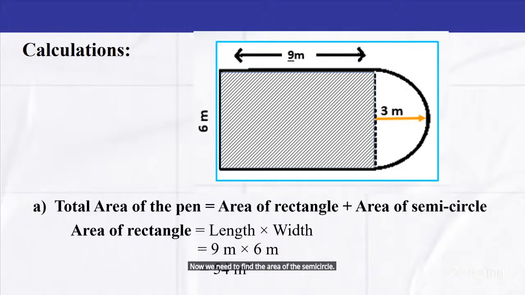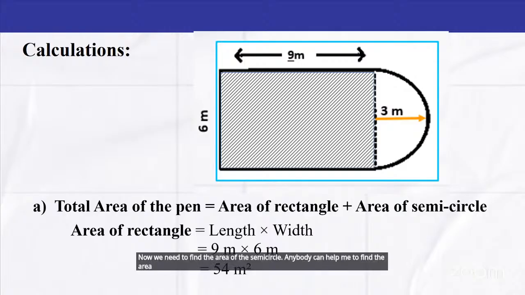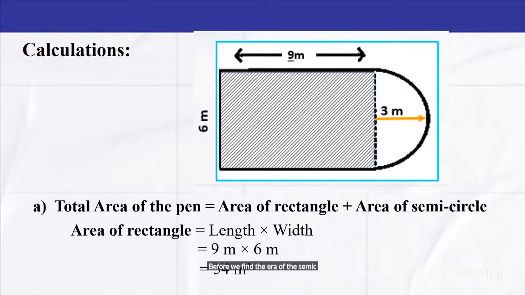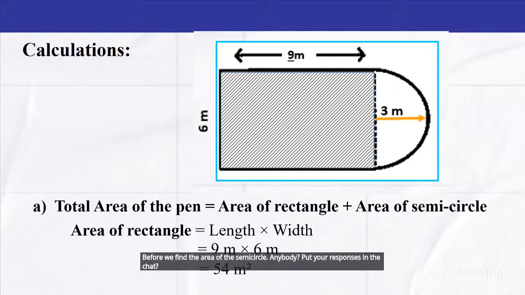Anybody can help me to find the area of the semicircle? What would we need to know before we find the area of the semicircle? Before I go to the next slide, what would we need to know? Anybody? Put your responses in the chat. We know you have fast fingers.